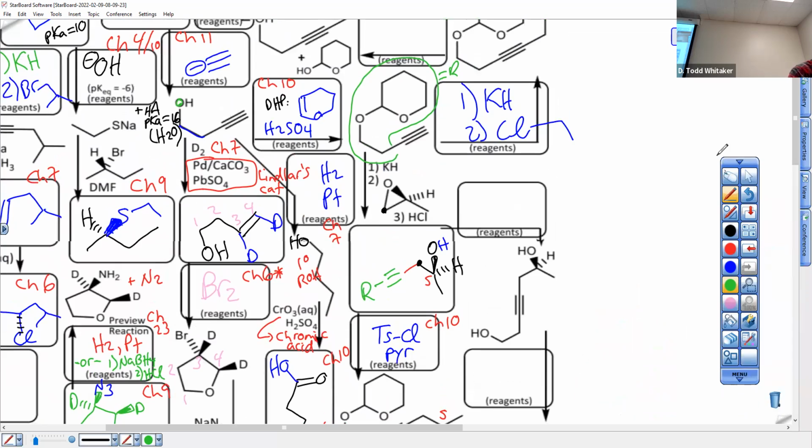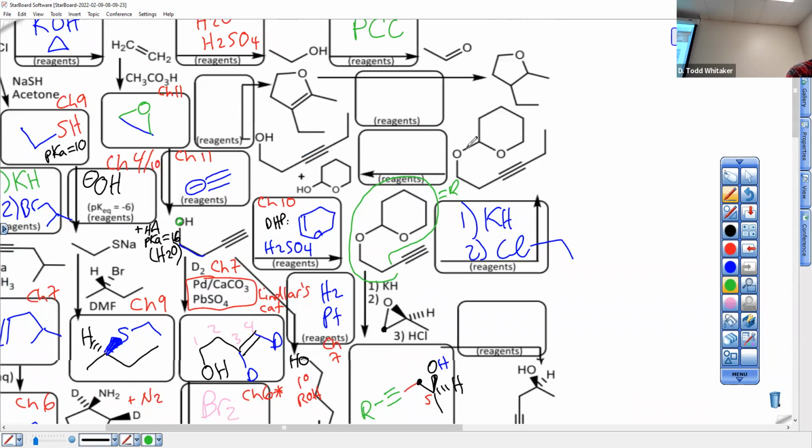From here to here. DHP deprotection. H2O, H2SO4. Is the deprotection the same as the acid catalyzed hydrolysis of ether? It is. It is an acid catalyzed hydrolysis of ethers. And also chapter 10. Put a telephone pole here because it's the same reaction again.